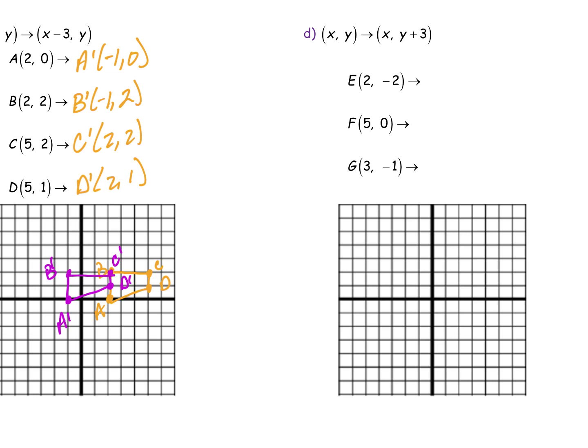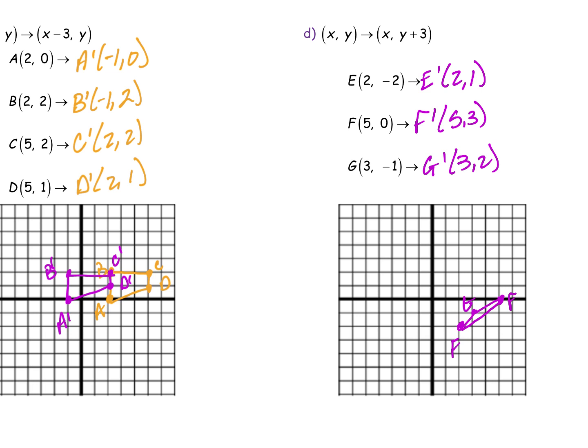Okay. So for the last one, what is E prime? 2, 1. Great. What is F prime? 5, 3. And what is G prime? 3, 2. Beautiful. So that's E, F, and G. Okay, really skinny triangle.